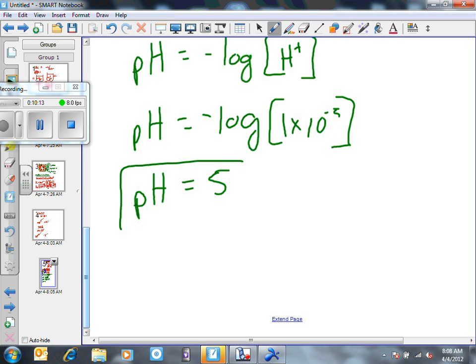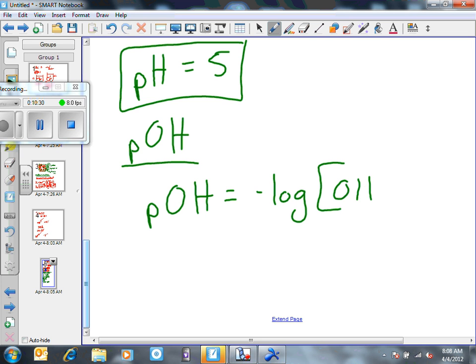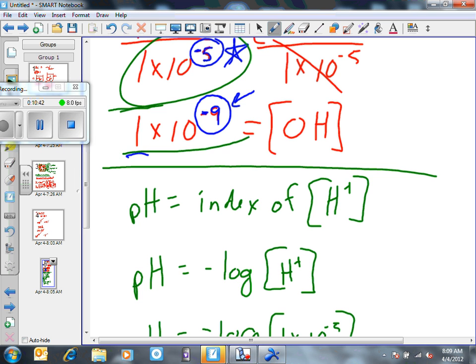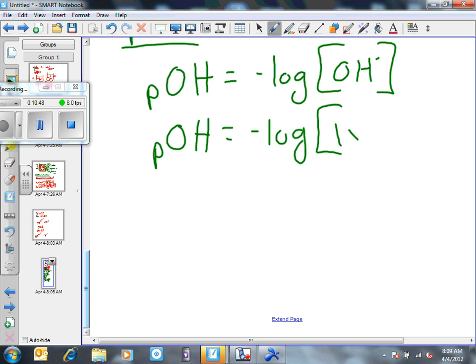Okay? Now a pOH, like pH, is an index for the hydroxide ion concentration. And pOH is equal to the negative log of the hydroxide ions. So in this case, the pOH of this is the negative log of 1 times 10 to the negative 9th. And we can see then our pOH is equal to 9.